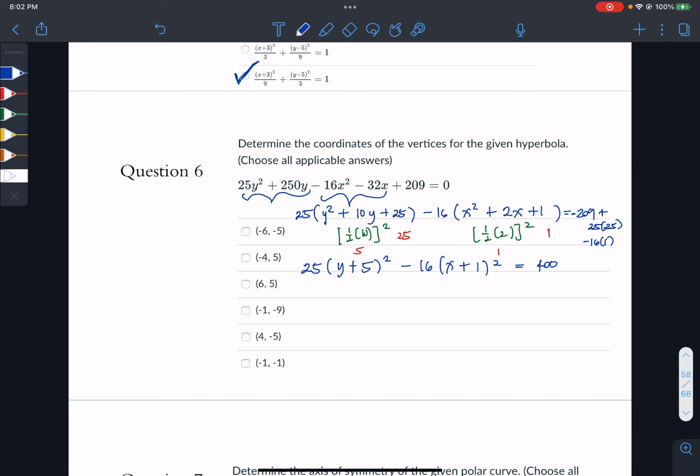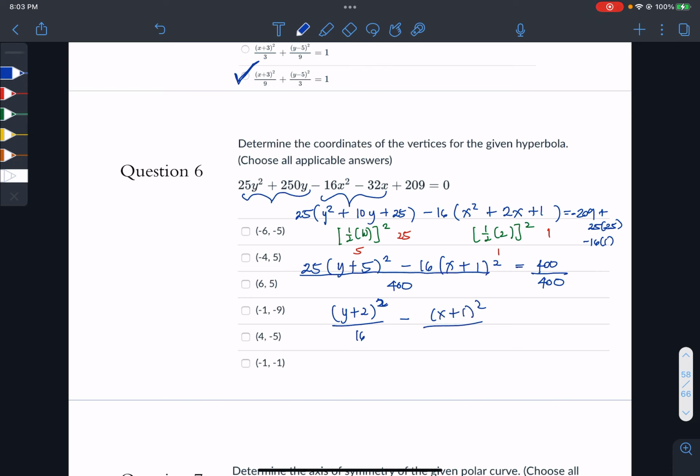Tapos gusto ko sa right hand side, it will be equal to 1. So, I'm going to divide everything by 400. So, 25 over 400 is 16. So, y plus 5 squared over 16. And then, minus x plus 1 squared.